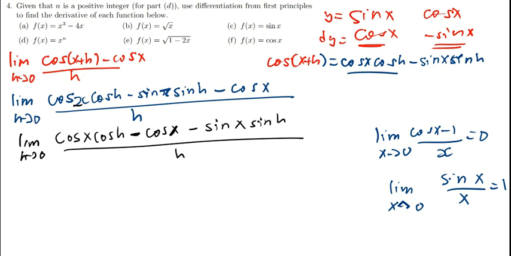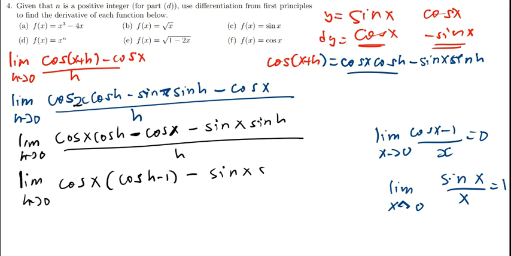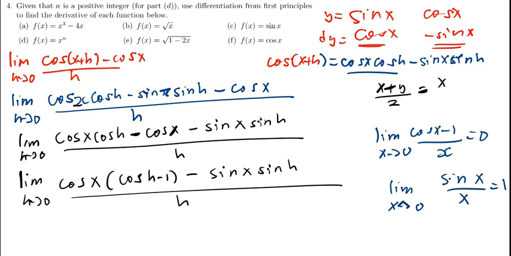I can factor out cos x. The limit as h goes to 0, so here I'll end up having cos x open bracket cos h minus 1, minus sin x sin h. I divide that by h. Like I said last time, if I have x plus y divided by 2, it's the same as x divided by 2 plus y divided by 2.